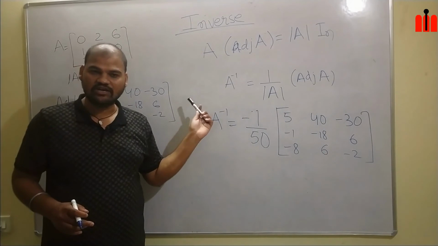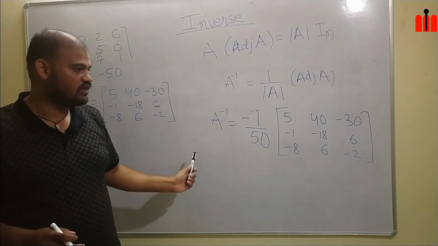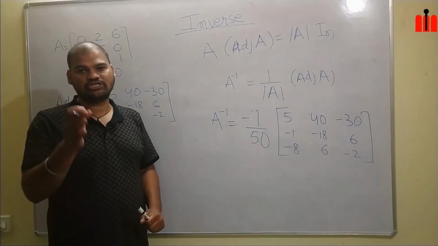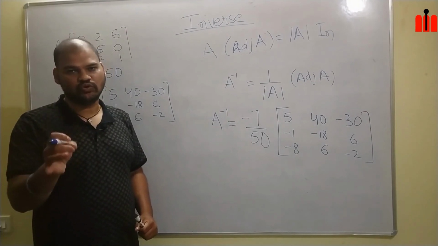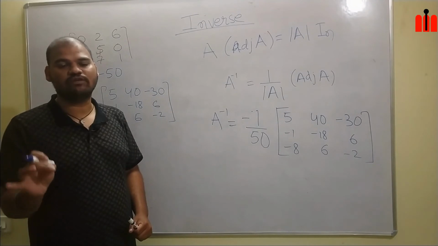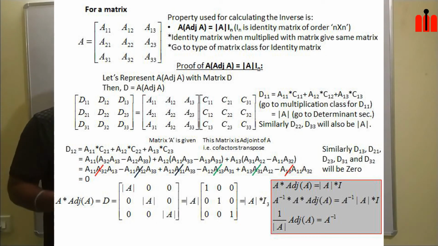Now what we had done, we had taken one example matrix, and for that we had arrived at its inverse. Okay, now just go through our notes. Now in next section we will discuss what will be the properties of inverse, right? Go through our notes.